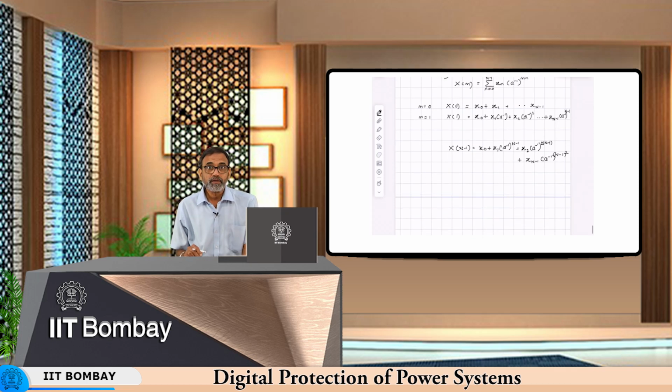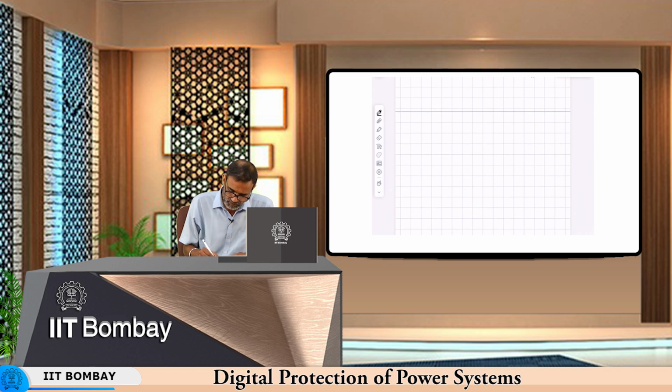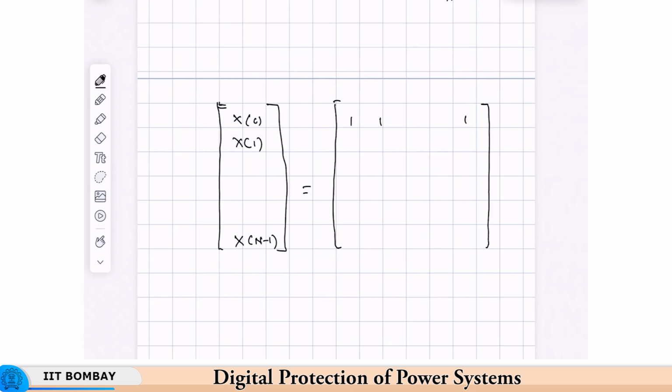Now, if we write this in a compact matrix form, what we will get is this expression: x of 0, x of 1, x of n minus 1 is equal to a matrix with the first row 1, 1, 1, and on this side you have the samples x 0, x 1, x of n minus 1.